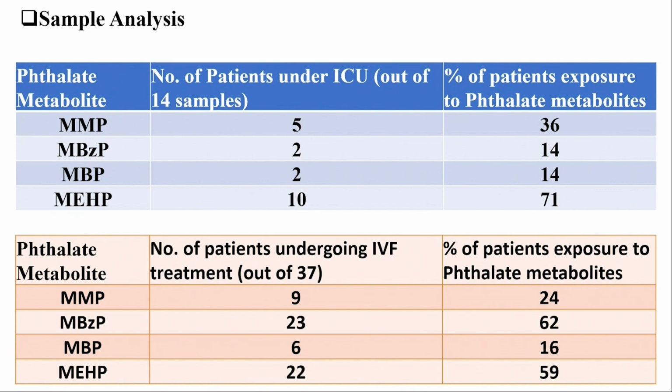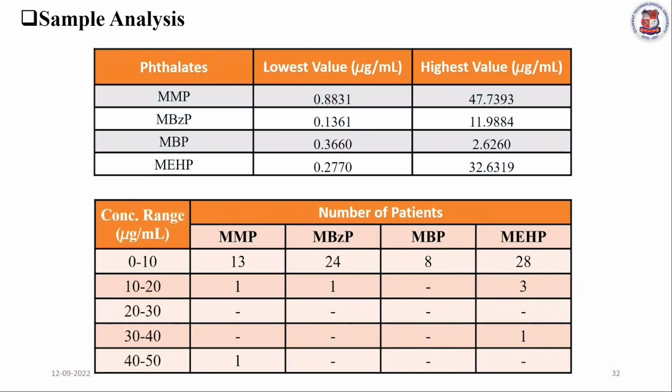In IVF treatment, out of 37 patients, almost 60% had exposure to phthalate metabolites, in terms of monobenzyl and monoethylhexyl phthalate. So we can say that a significant amount of phthalate content was found in the patient samples.